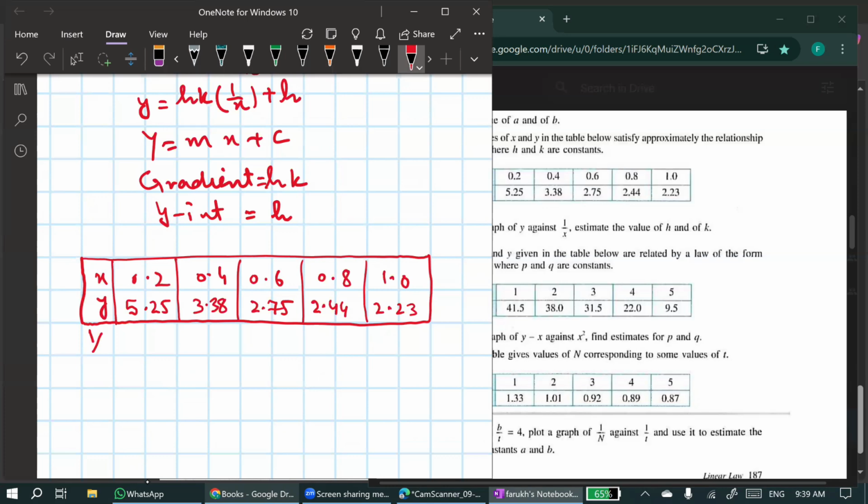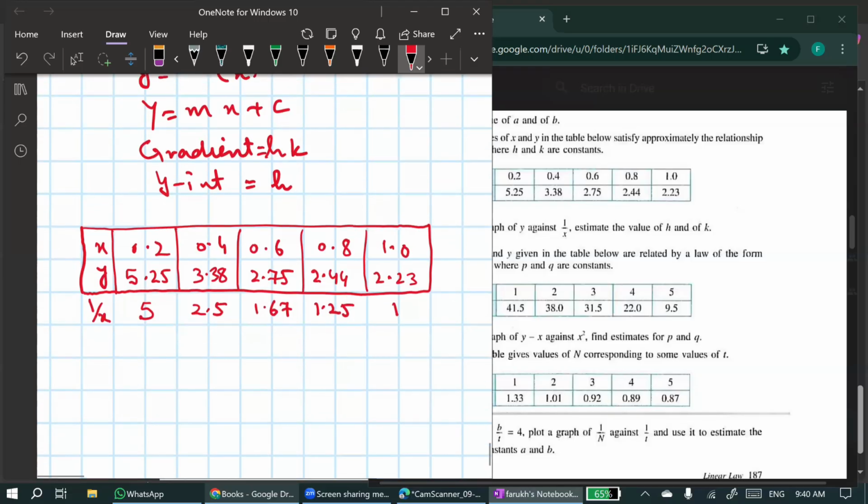Now we will populate another column, 1 over x. 1 over 0.2 is 5, 1 over 0.4 is 2.5, 1 over 0.6 is 1.67, 1 over 0.8 is 1.25, and 1 over 1 is 1.